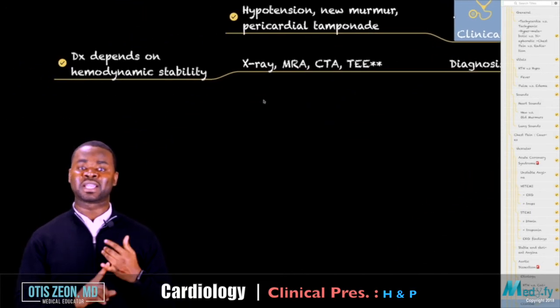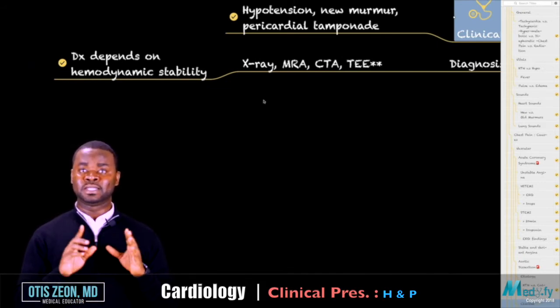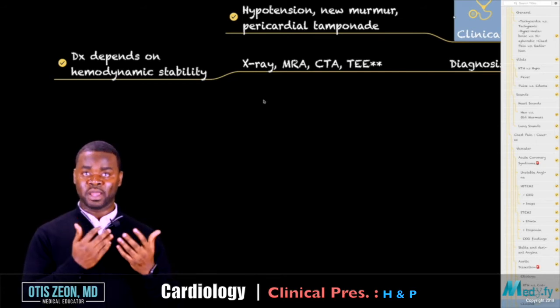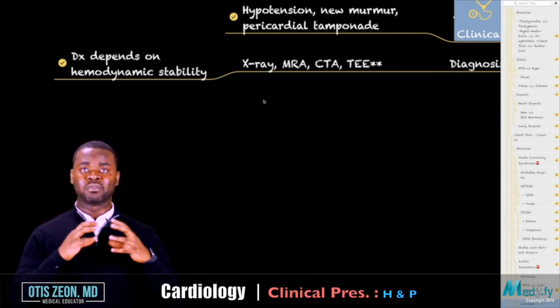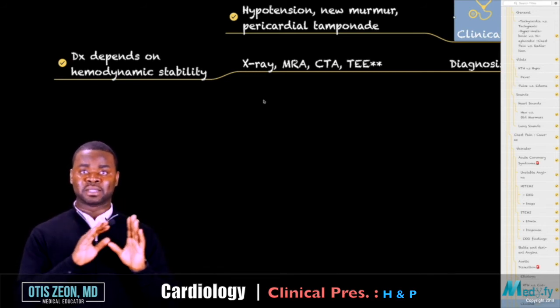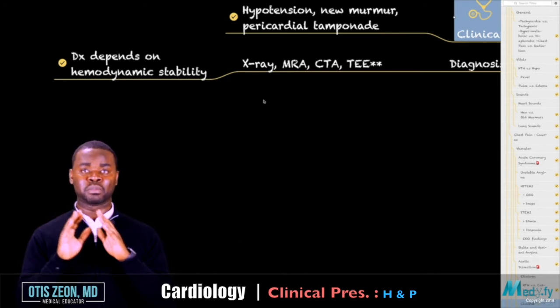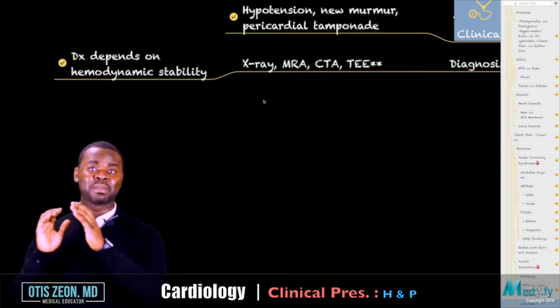Diagnosis: you have an X-ray, an MRA, a CTA, and a TEE. The TEE, transesophageal echocardiogram, is the most sensitive, most accurate way to diagnose aortic dissection. But these diagnostic methods, from X-ray to MRA to CTA, are solely dependent on the person's hemodynamic stability.